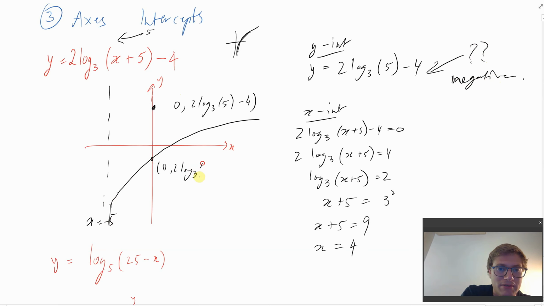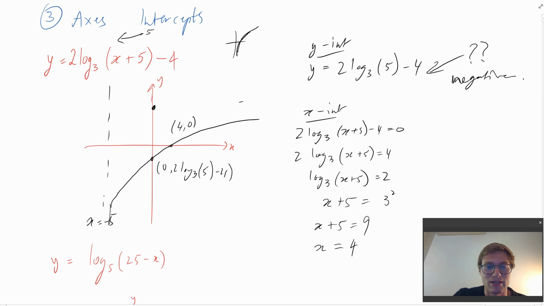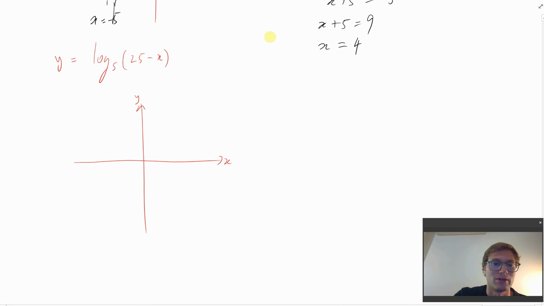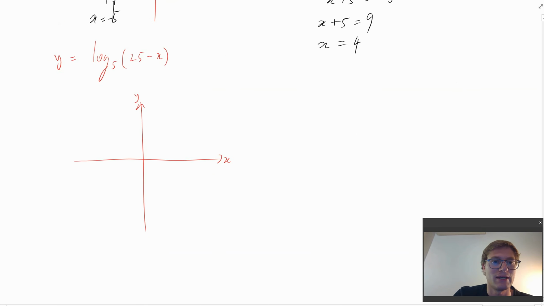So perhaps a happy mistake, so that you can learn from it as well. All right, and that x-intercept there at 4. This is a great lesson that sometimes it can actually be helpful to find out the axis-intercepts before doing the graph.